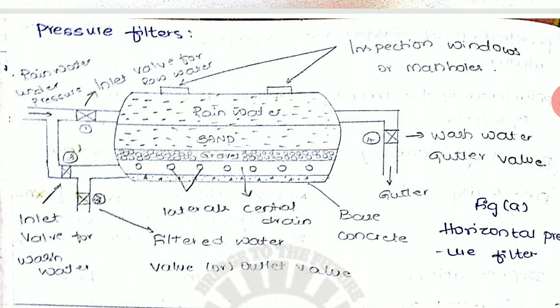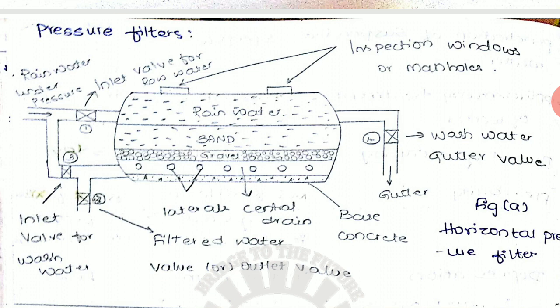The manhole is used to see inside at maintenance time. This manhole lid can be opened and we can see inside at the time of washing this layer. And also we can see the raw water movement from the raw water valve.